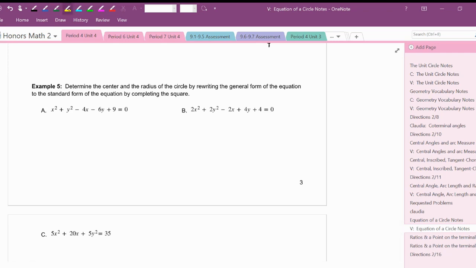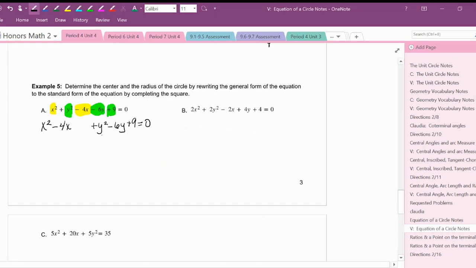So here we have to gather up the x terms and the y terms, and then see if that constant that they gave us will help complete the square out of one of these two, and it does. So I'm going to associate that with the y. So I have x squared minus 4x, I'm going to leave some space to complete the square there, plus y squared minus 6y plus 9 equals 0.